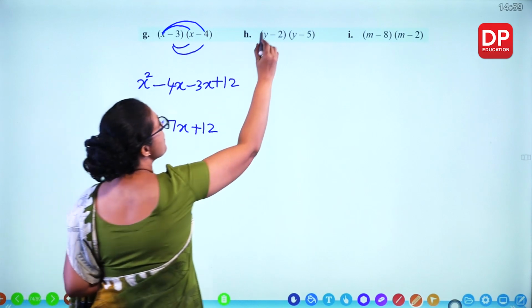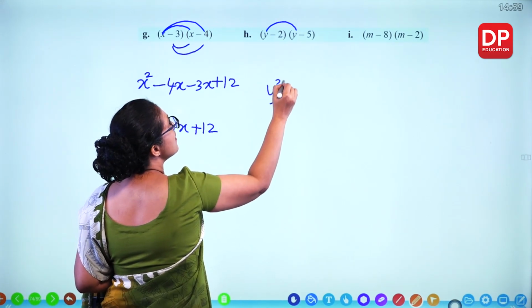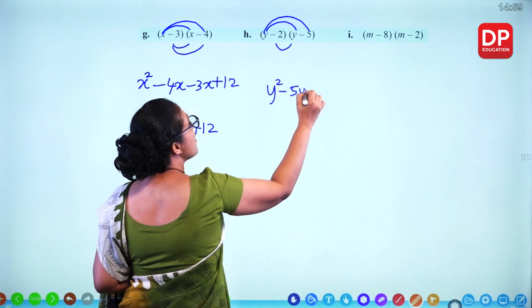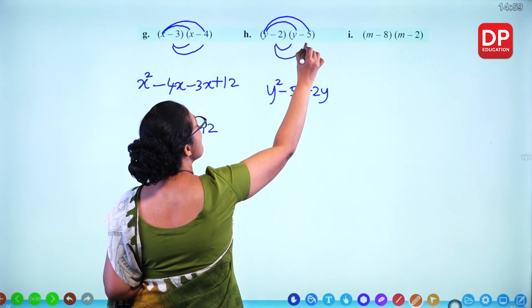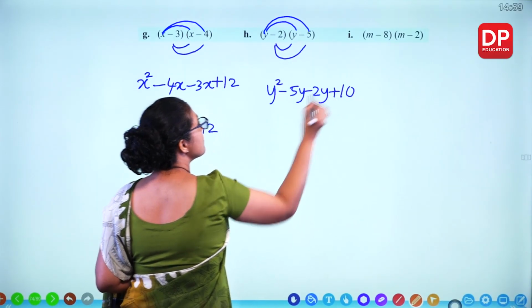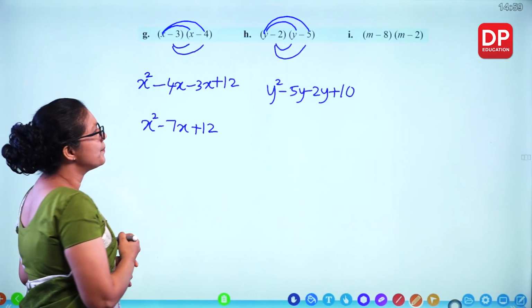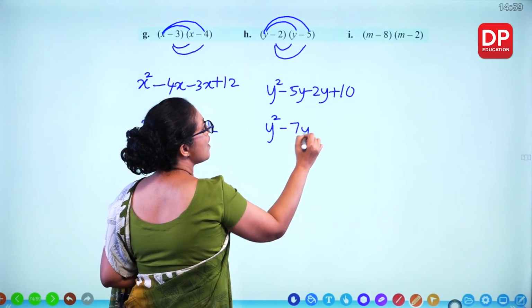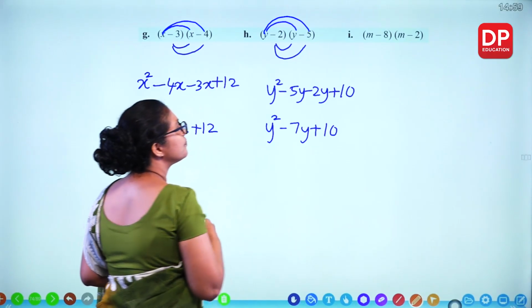This one, y squared minus 5y minus 2y and plus 10. Simplify further. y squared minus 7y plus 10.